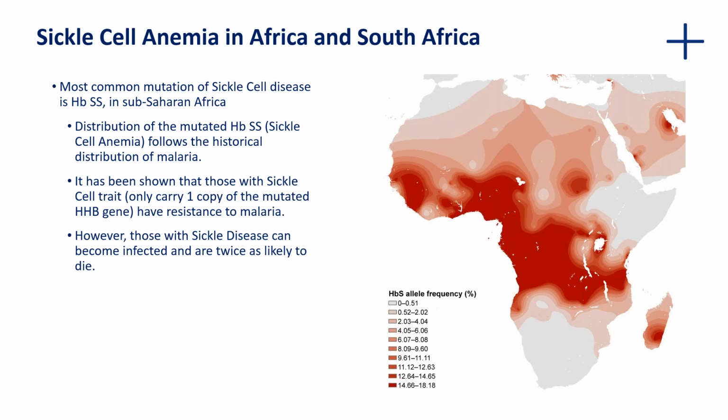Now there are various mechanisms that can explain this malarial resistance, some being that sickling of the infected red blood cells obviously doesn't allow the parasite to infect the red cell.